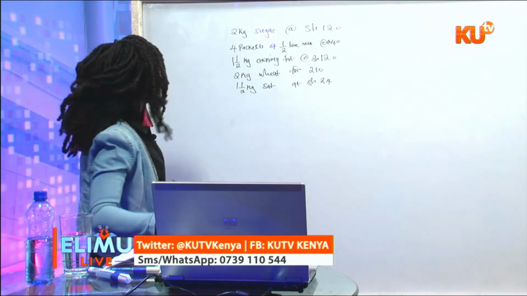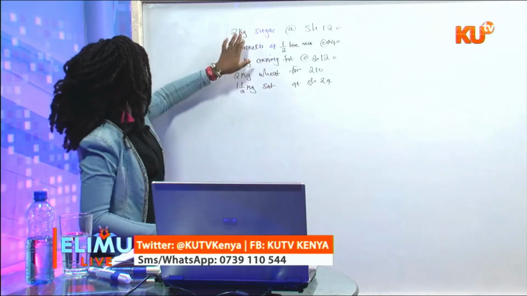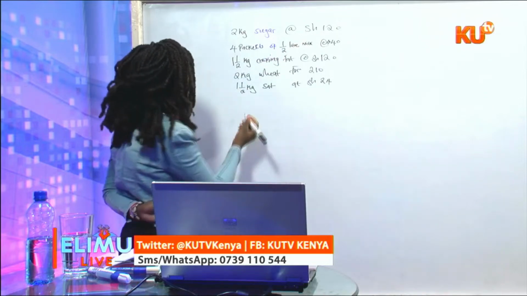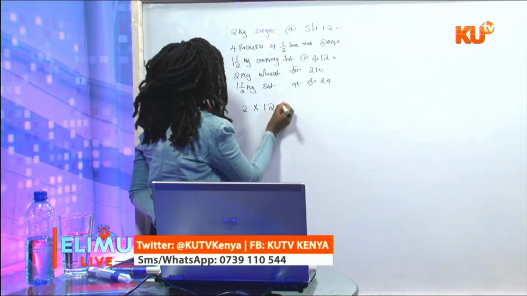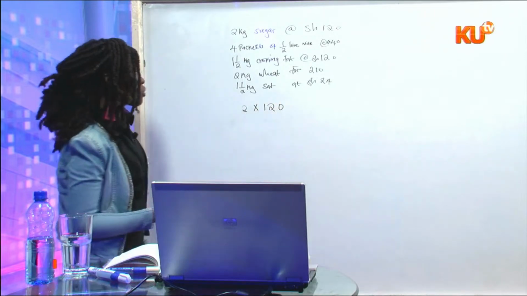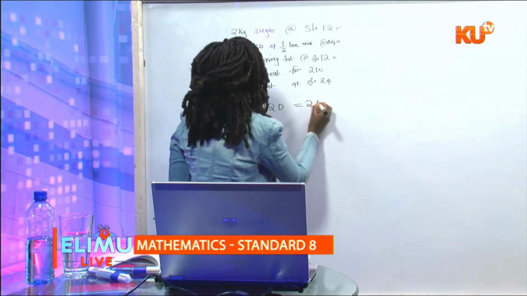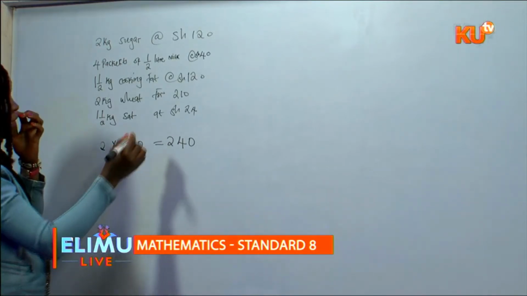2 kgs of sugar at 120 shillings. So it is the number of kgs bought times the cost of 1 kg. That is 2 times 120 shillings. 2 times 120, we get 240 shillings. Then 4 packets of a half liter milk at 40 shillings per packet.